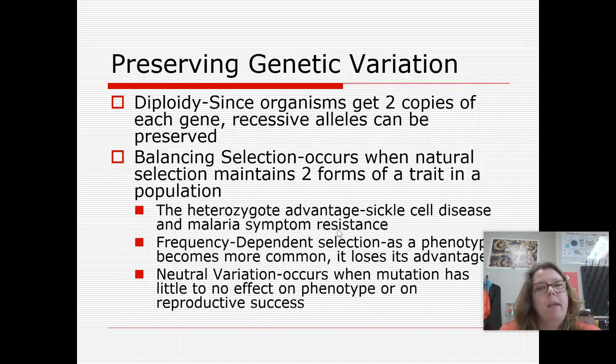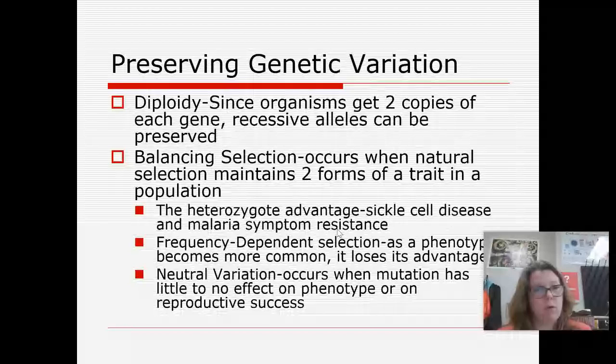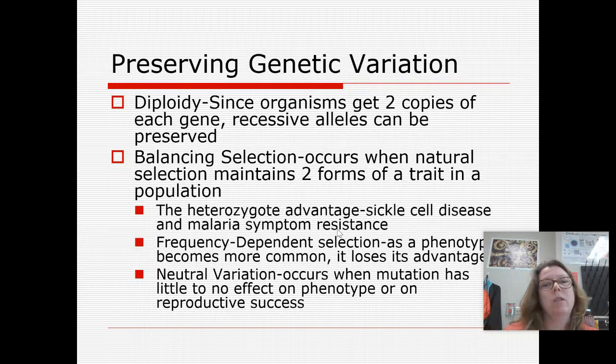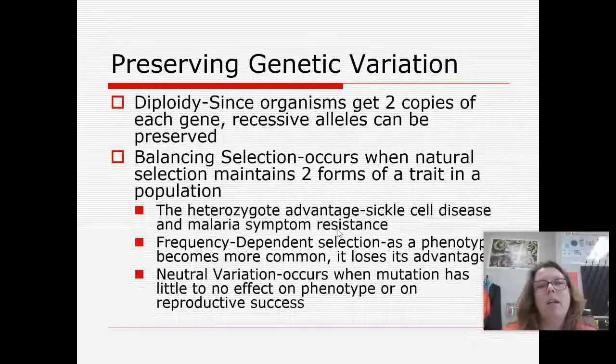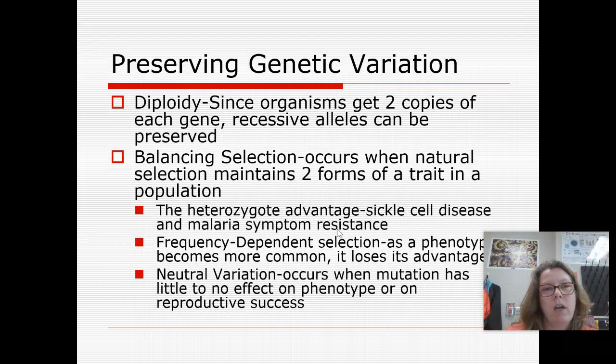But in tropical areas, it turns out that people who are carriers for sickle cell disease are actually resistant to the symptoms of malaria. They don't get as sick. They do get sick, so they're not immune. Don't ever tell College Board that somebody's immune to malaria. But individuals who are heterozygous for that gene are resistant to the symptoms. They don't get as sick and they survive better, which means heterozygotes are favored in the tropics for that particular disorder.